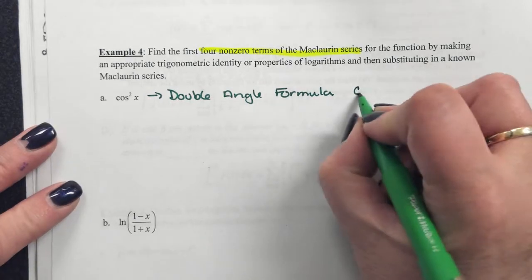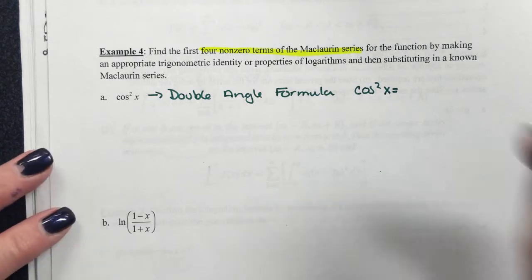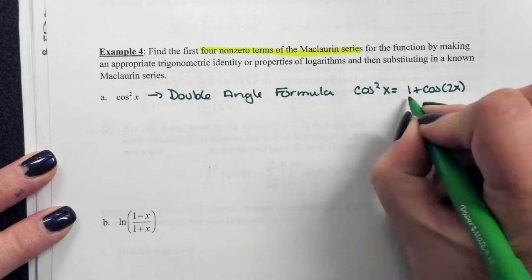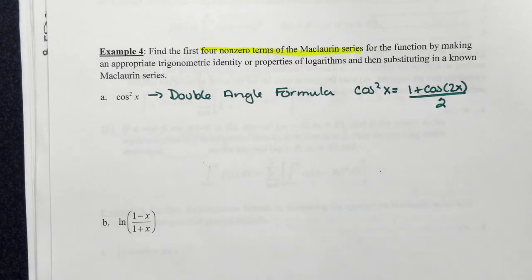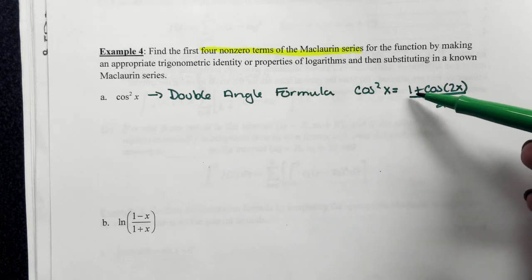So if you remember, cosine squared x by your double angle formula is equal to 1 plus cosine of 2x, all divided by 2. And remember, if you know the cosine double angle formula, you know the sine double angle, because what's the only difference between the sine and the cosine? The sine will have a subtraction sign in it.